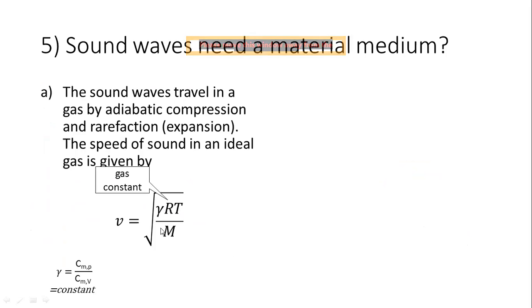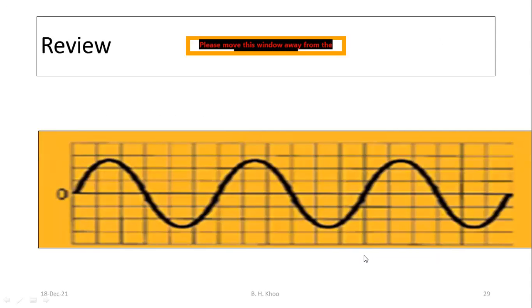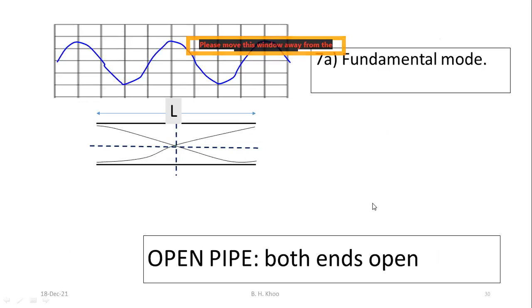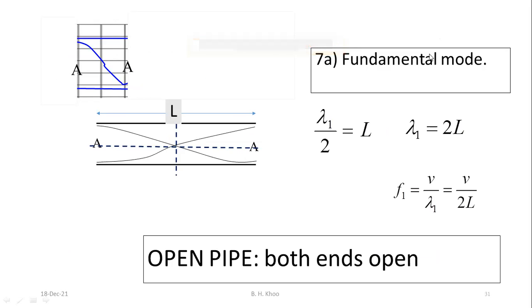If the temperature doesn't change and the particular gas that we use, air, is constant, then the speed doesn't change. So the speed is constant. Just to stress, the speed is constant.